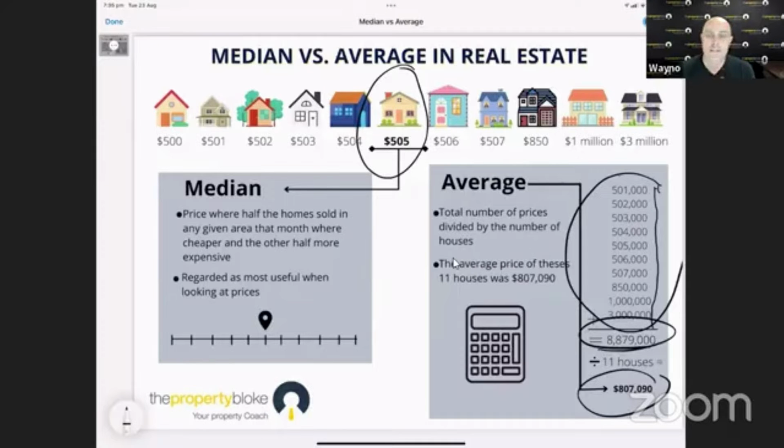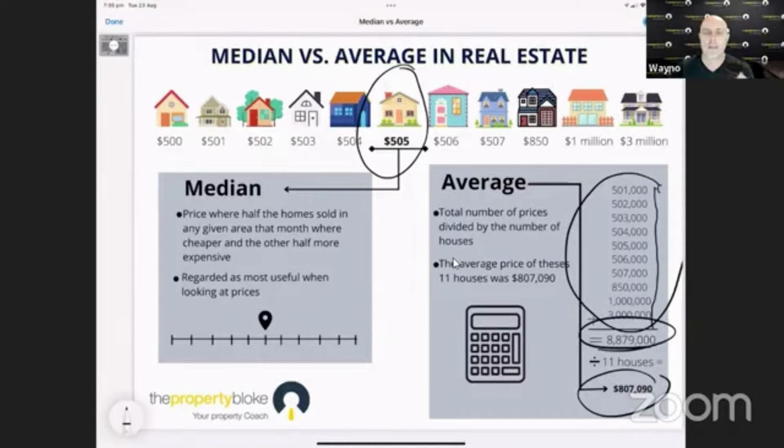Now, we see a median price change when we see more of the higher properties sold or more of the lower properties sold. What we've got to be careful of is, everyone knows I'm not a fan of the media. They pick up negativity.